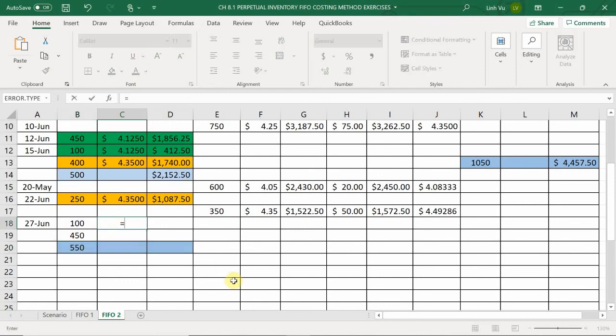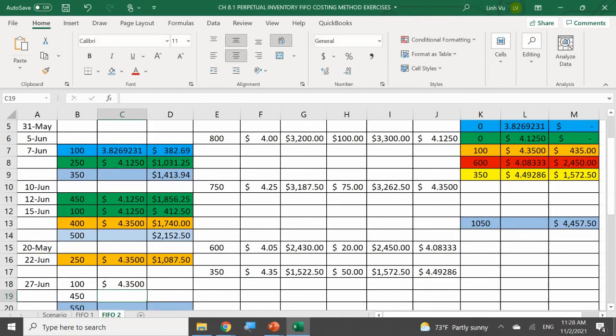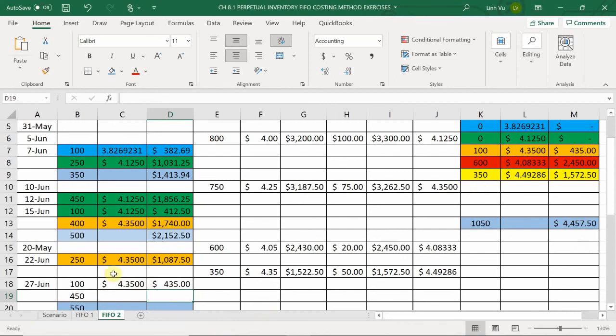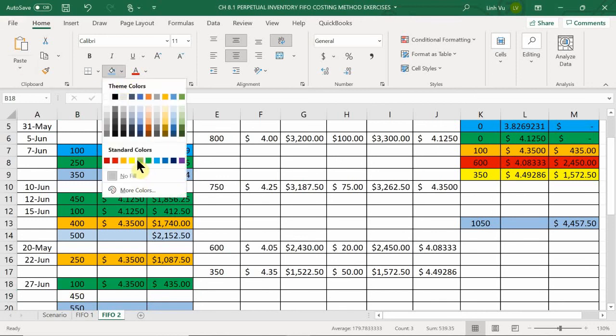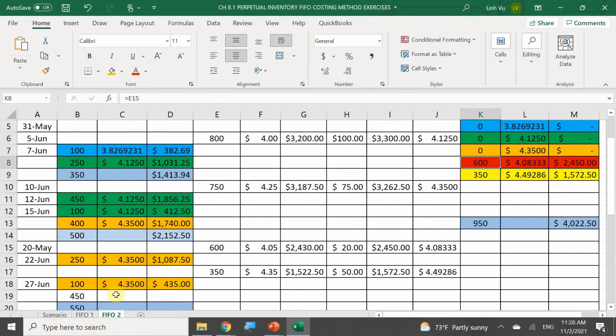So if I know that my 100 is going to cost me $4.35 each, that should give you a total of $435. Okay. And this is orange. And we're going to get rid of it off of our inventory on hand, right? It's 0.